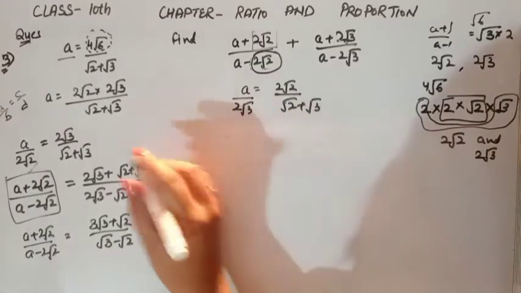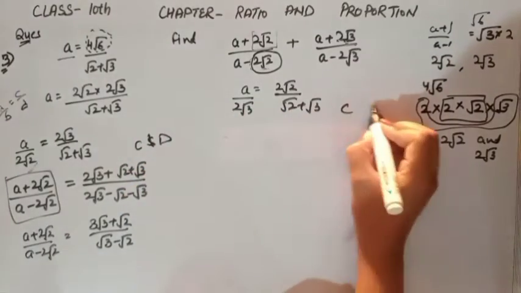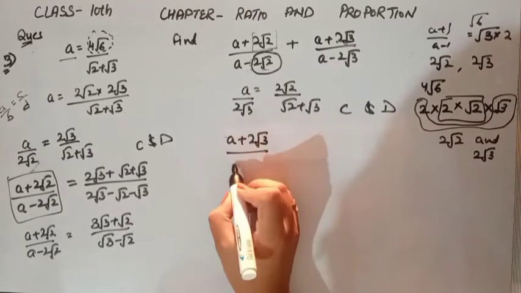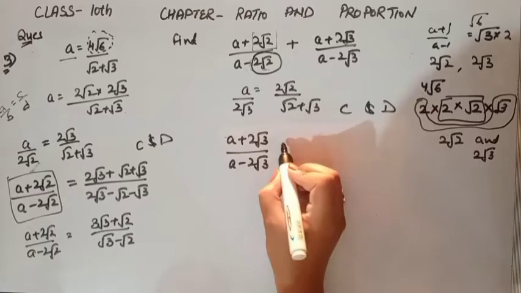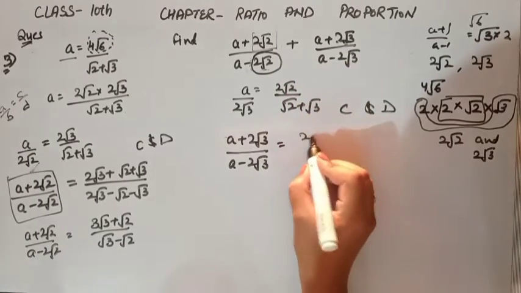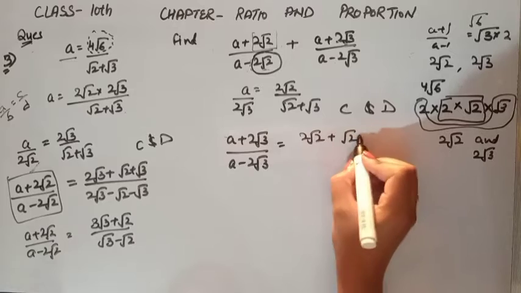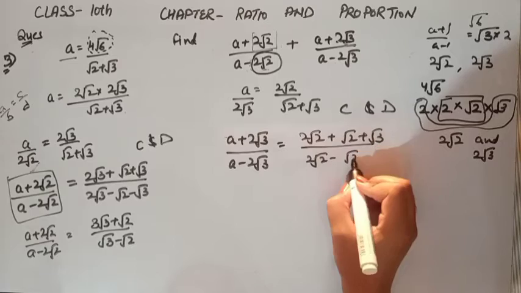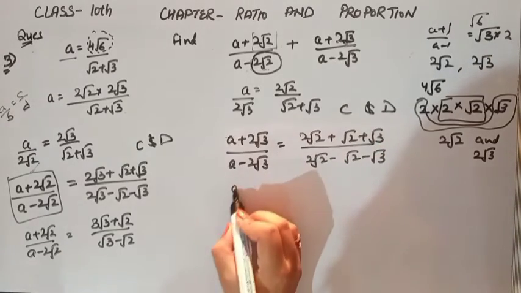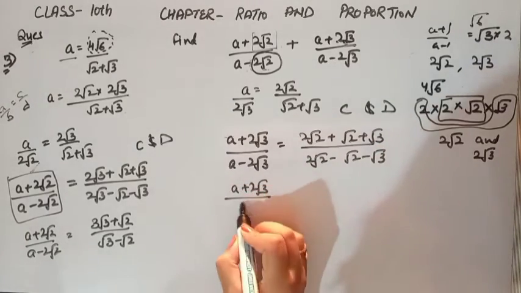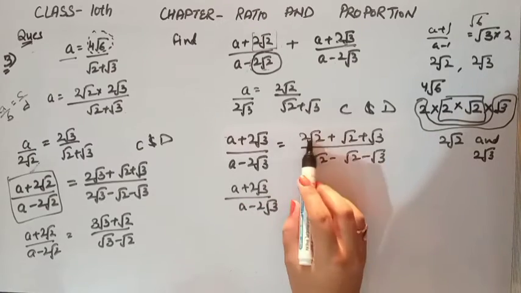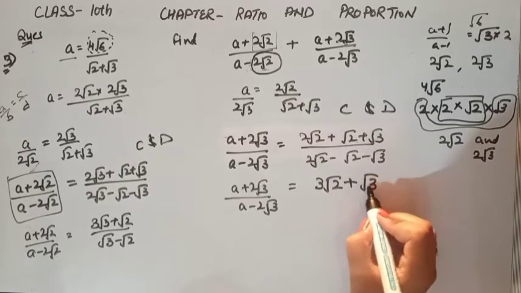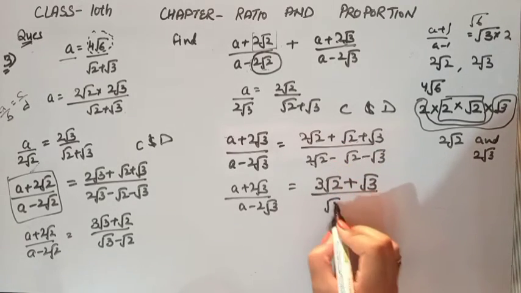When we apply componendo and dividendo over here, what will happen? A plus 2 root 3, numerator plus denominator, upon numerator minus denominator, is equal to, adding these two, numerator plus denominator a plus b upon numerator minus denominator a minus b. So a plus 2 root 3 upon a minus 2 root 3 equals 3 root 2 plus root 3, subtract root 2 minus root 3.